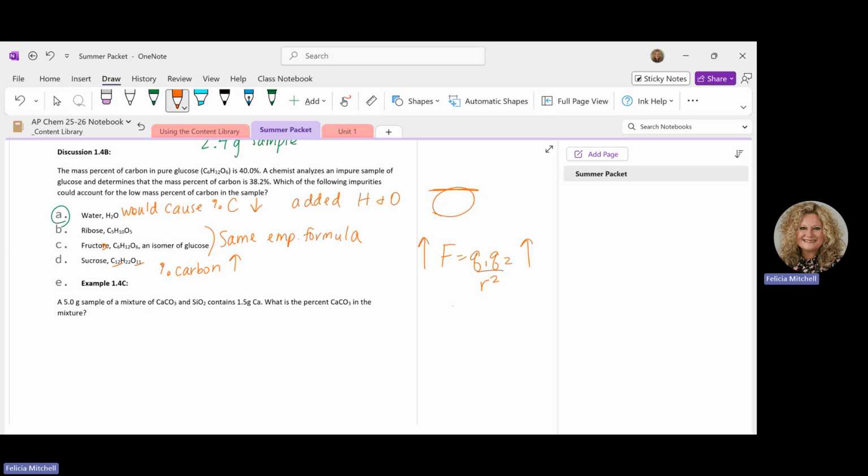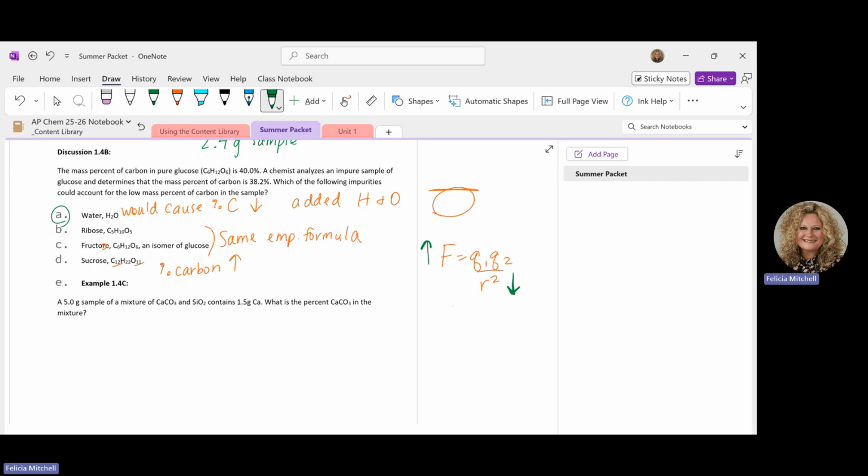Those are directly proportional. What if you looked at the manipulation of this fraction and you decrease the r squared? That increases the F. They are inversely proportional. So try to think about how fractions can be manipulated.